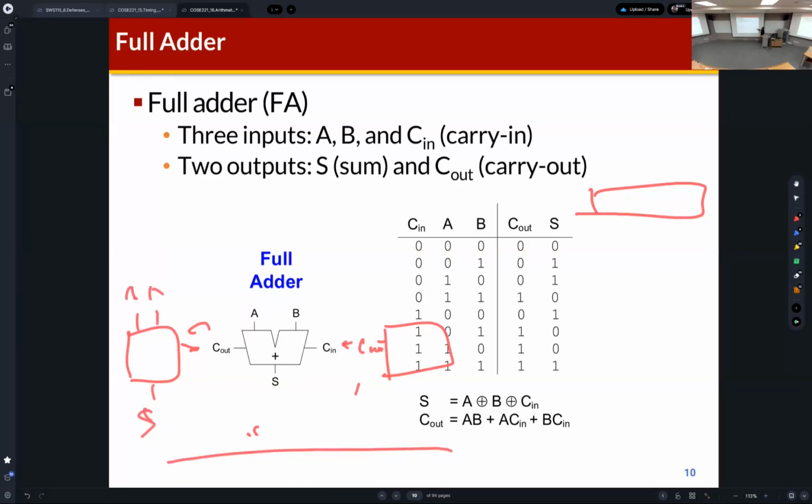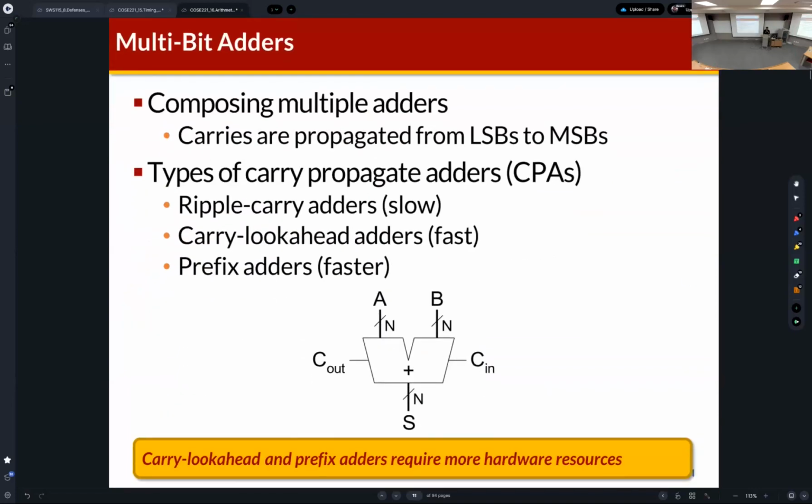So the carries are connected to each other, and the A and B inputs are given from the input in parallel. Okay, that is the multi-bit adder.